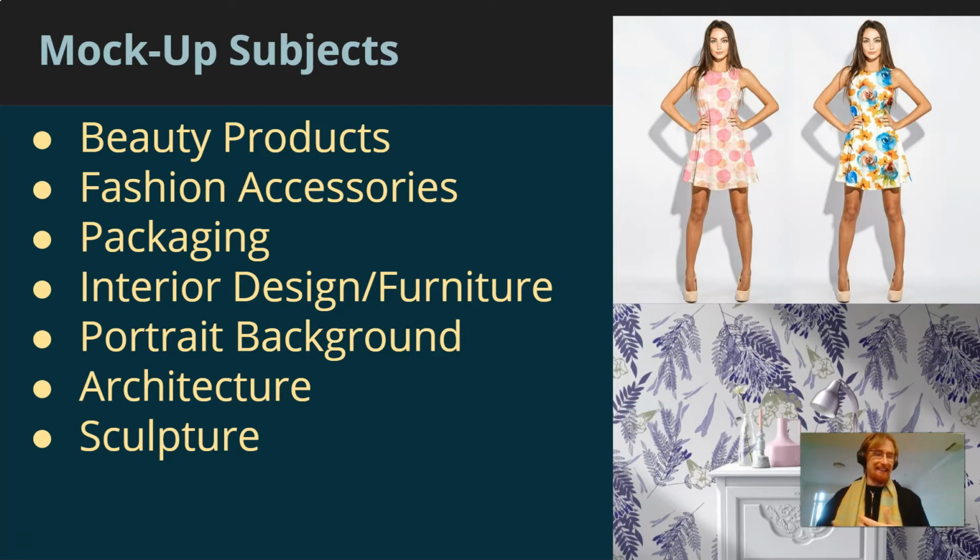And then last but not least, in the fields of architecture and sculpture, you may wrap a pattern around a sculpture or around the outside exterior of a building to see what a facade material might look like, or what a mural or billboard might look like wrapped around a location or a building.